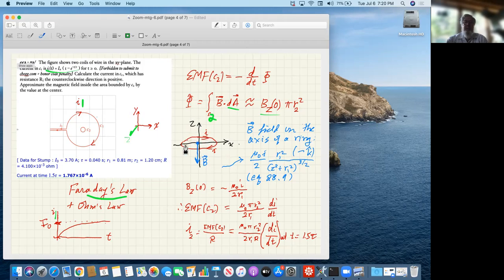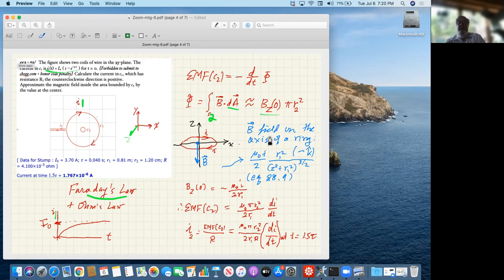Well, by the right-hand rule, if your fingers curl around in the direction of the current, then your thumb points in the direction of the magnetic field. That'll be in the minus Z direction. Or if we look over here, this is a clockwise current. So the magnetic field is pointing away from you. That's in the negative Z direction. So the magnetic field points in the negative Z direction.